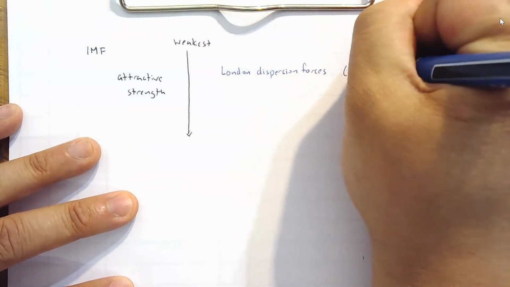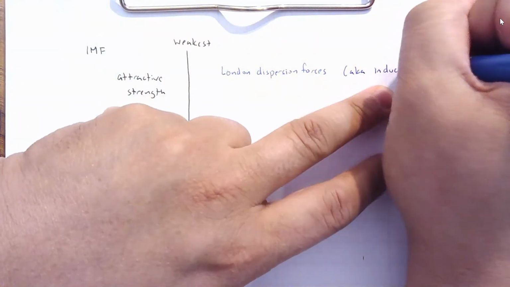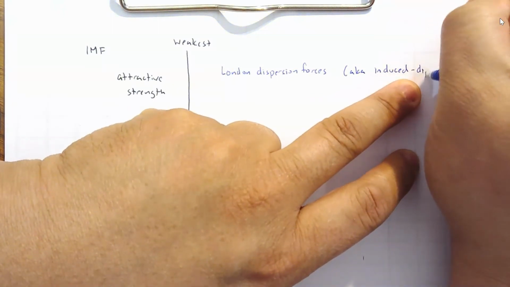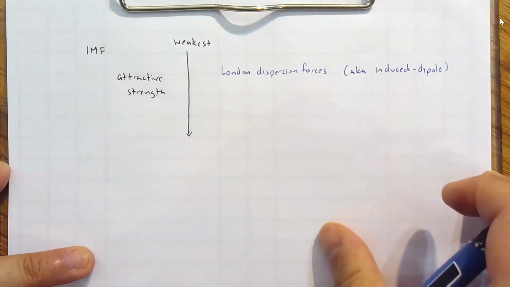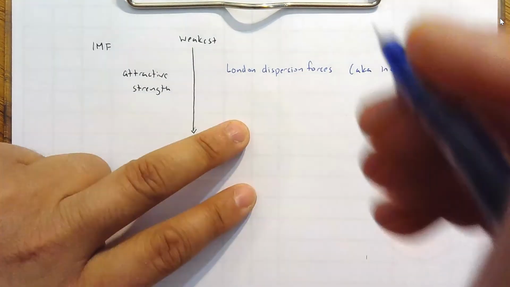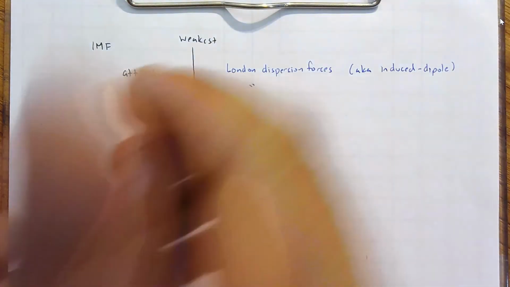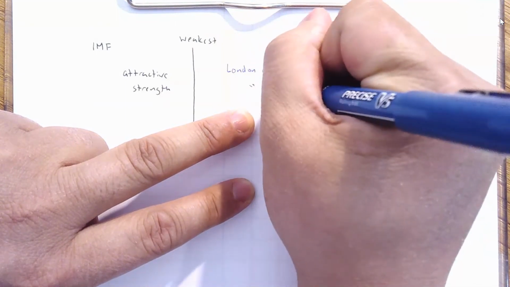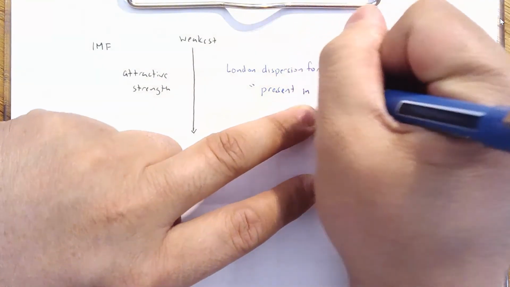Some people also know this as induced dipole because it doesn't use permanent dipoles to have this attraction. Now, London dispersion forces, you might remember, they are present in all substances. Every substance can have dispersion forces with another molecule.